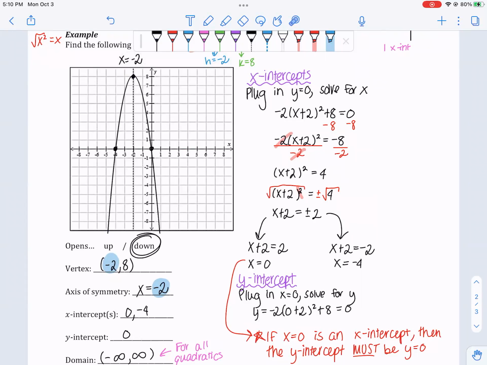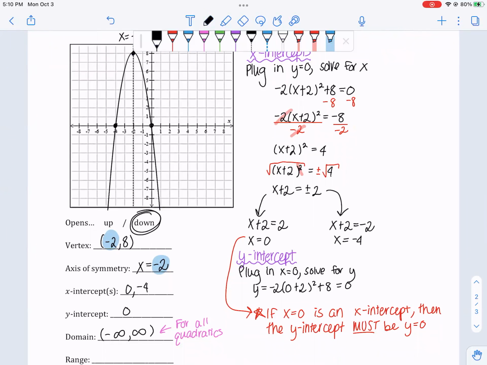So the y values that are covered, they go from -infinity all the way up to 8. 8 is the maximum value that this graph achieves. So it starts at -infinity. It goes up to +8. I know it's easy to read it the other way when you're looking at these y values to say, oh, it's 8 to -infinity, but we always do it in numerical order. So -infinity is a smaller number than 8.